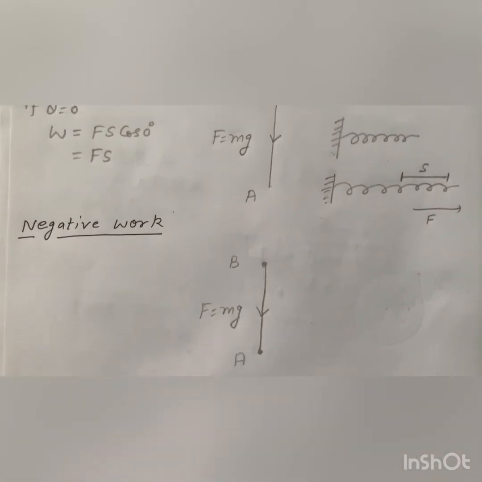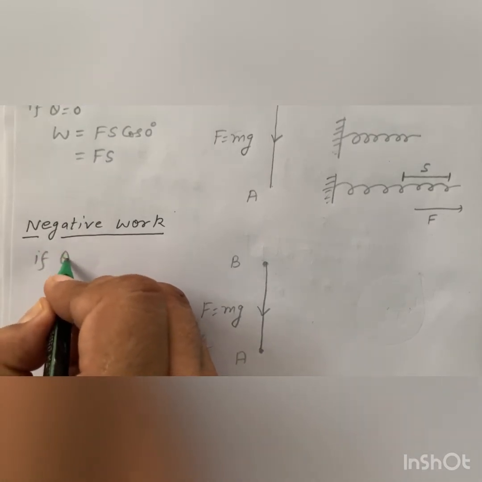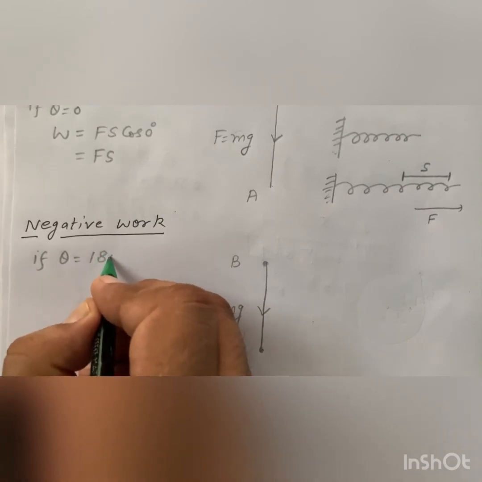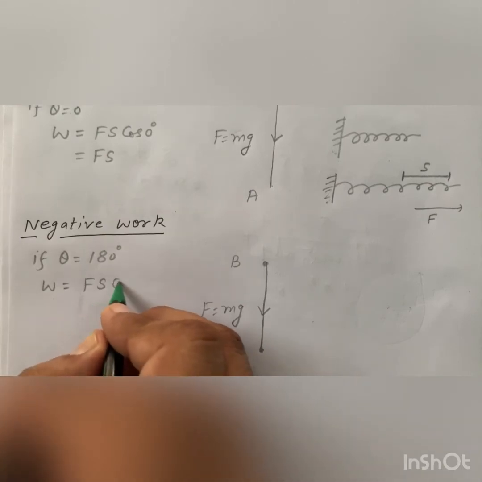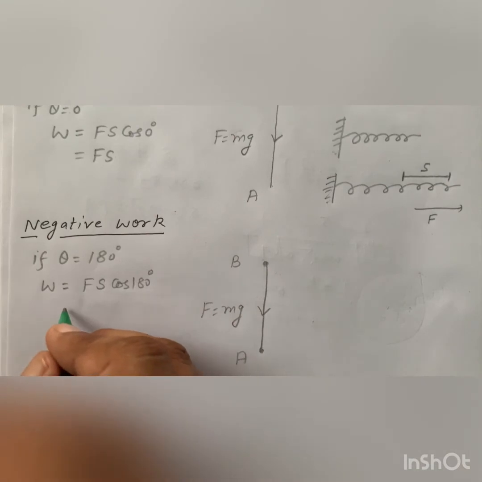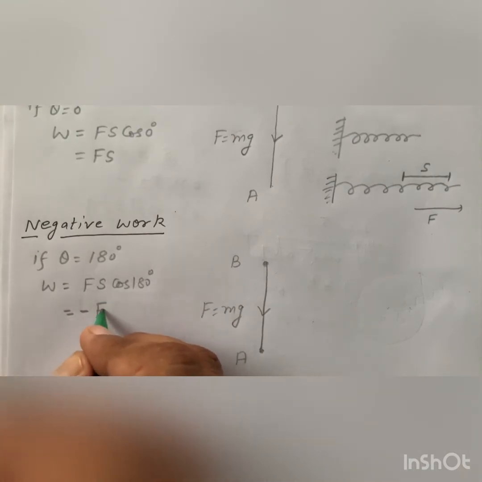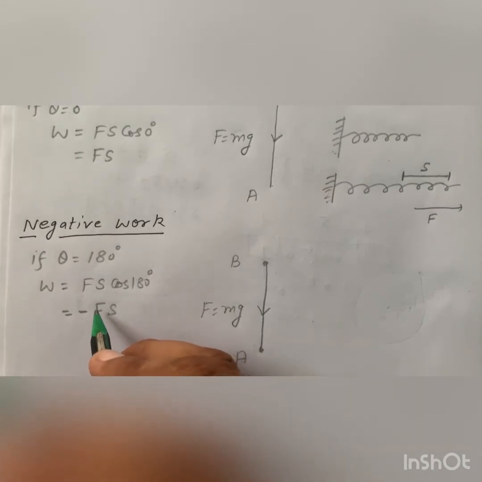Negative work done. Here, if theta is equal to 180 degree, then W is equal to Fs cos of 180 degree. Cos 180 degree is minus 1, so we have minus Fs. It means the angle between force and displacement is 180 degree, or we can say force and displacement are in opposite directions.